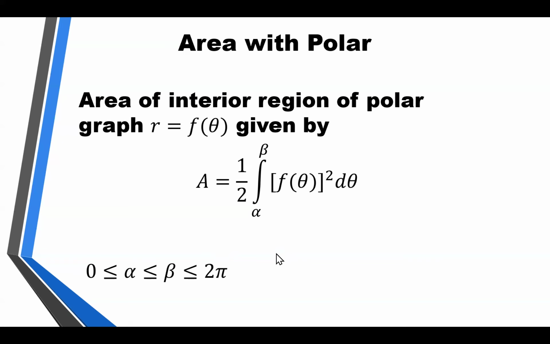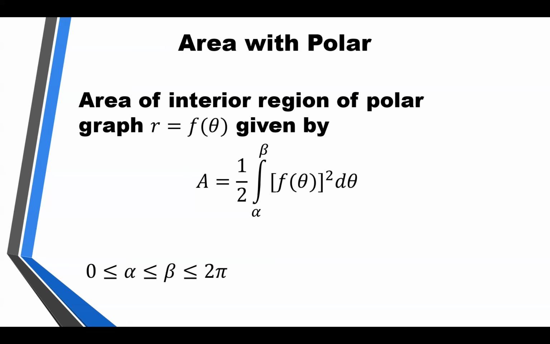But that change in theta turns into an integration. R squared, again, is just my function r. And then I have a 1/2 out front because of the ratio of the area of a circle versus the change in my angle theta.